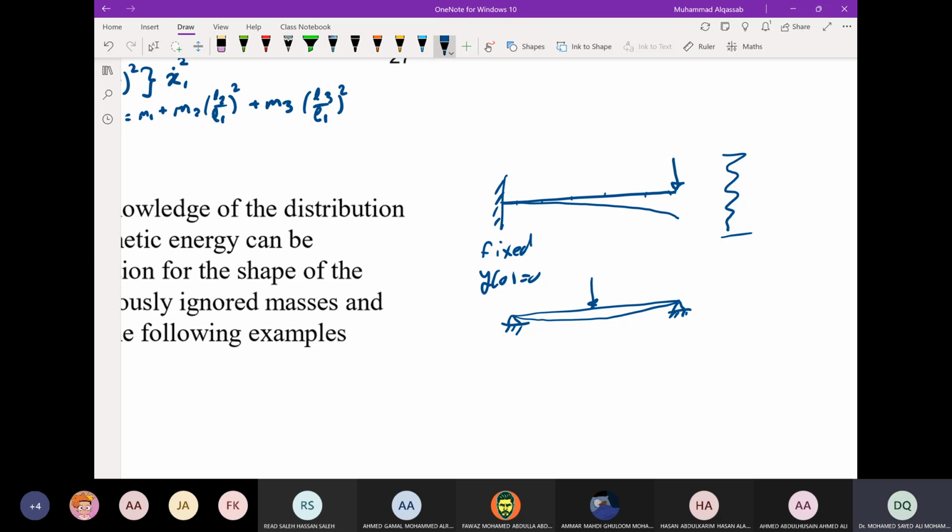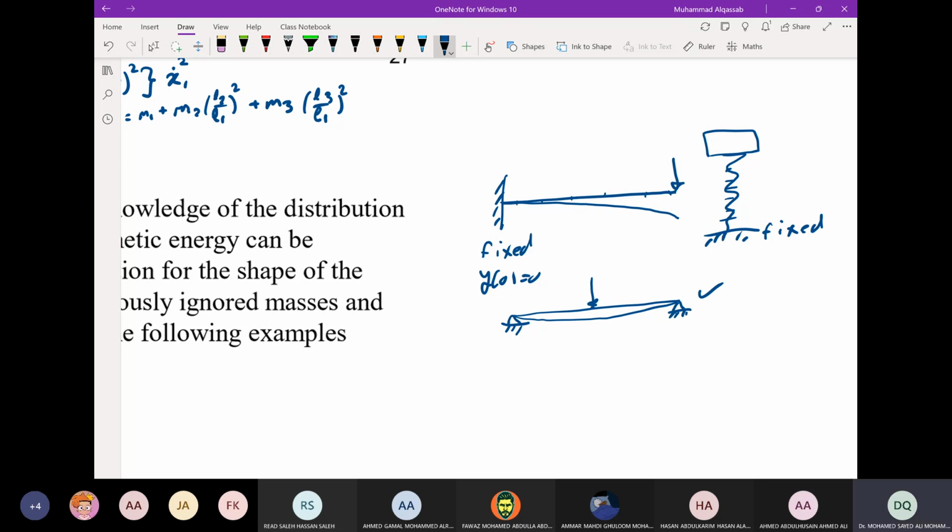And simply supported is this one, cantilever, fixed beam, or any other configuration and boundary conditions. The spring as well, if this is fixed here and supports a mass at the top, then the points on the spring are moving relatively because this is fixed.